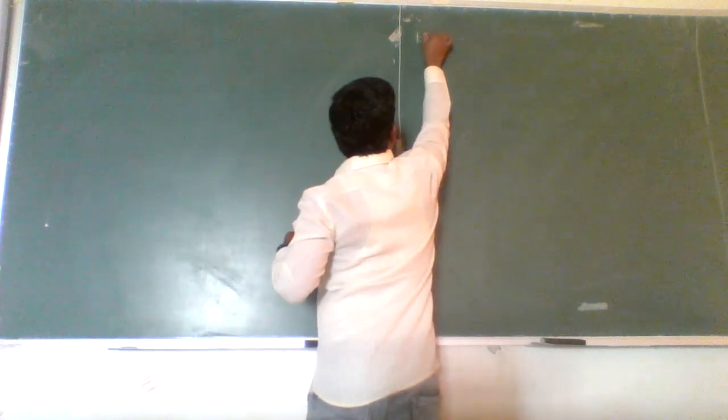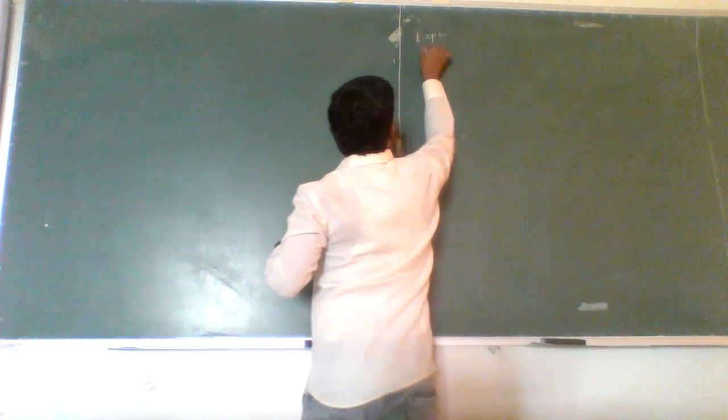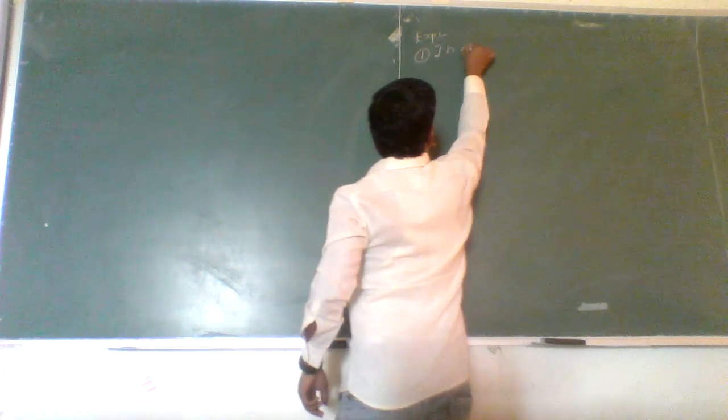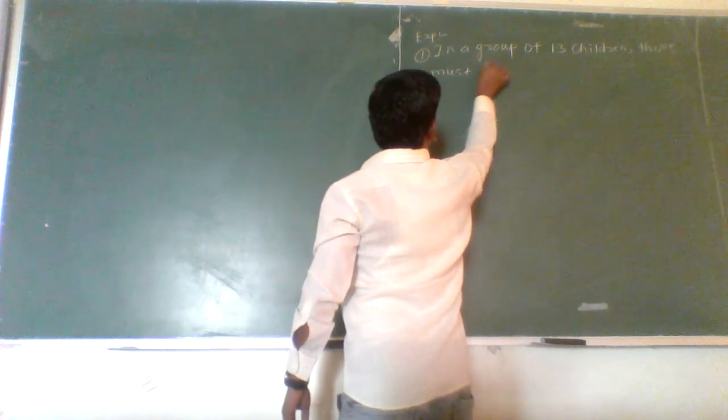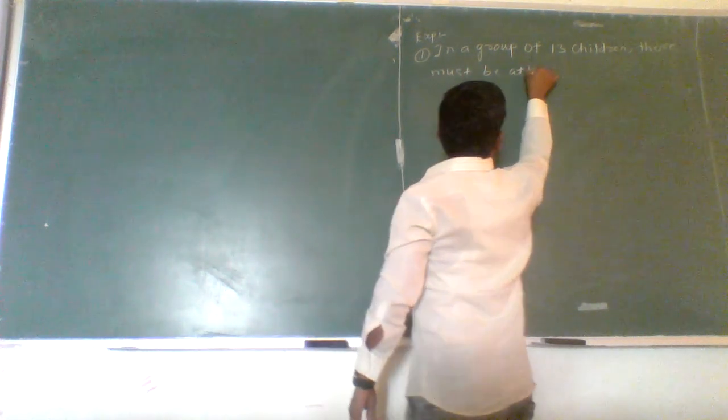Example. In a group of 13 children, there must be at least two who were born in the same month.